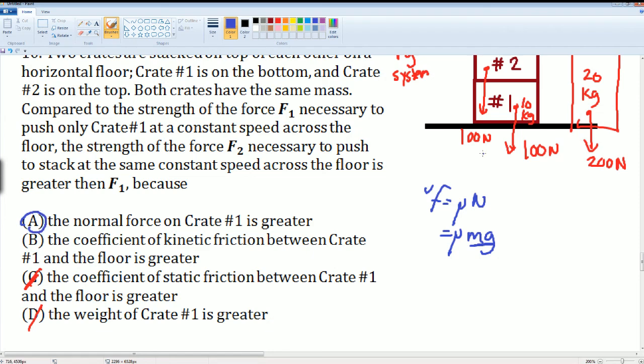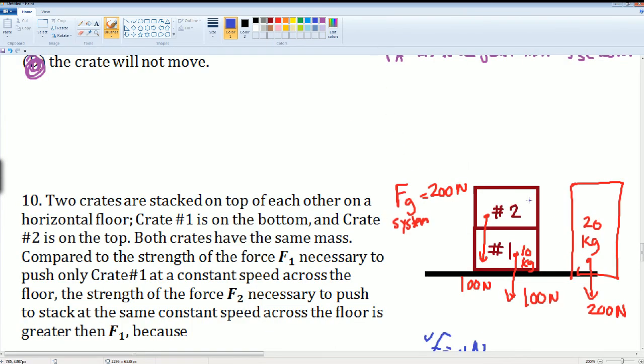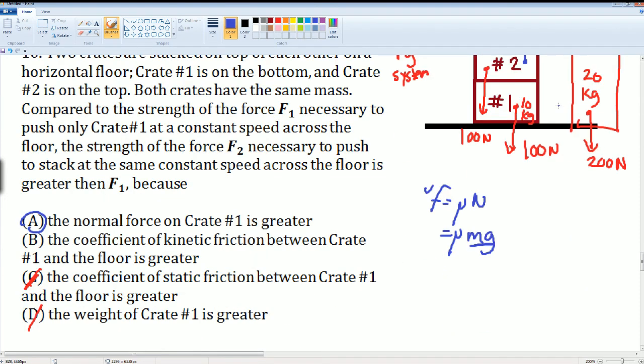Why? Because this one that is going up, right, force normal is greater than force 1, because here the force normal is different from the force normal for the crate. Okay, so this is off.